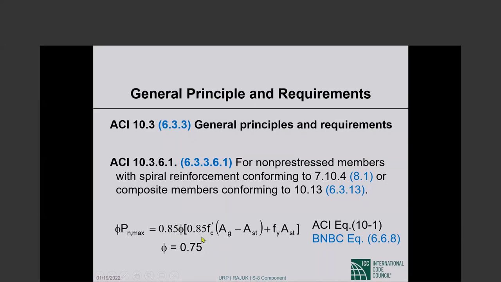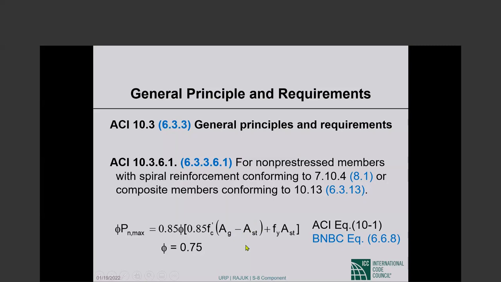And then it is simply the summation of the forces, how much concrete carries and how much reinforcement carries. Reinforcement part, very simply, is the total area of reinforcement multiplied by the yield strength of the reinforcement. The concrete part is the area of concrete. A sub G is the gross cross-sectional area minus the steel area.